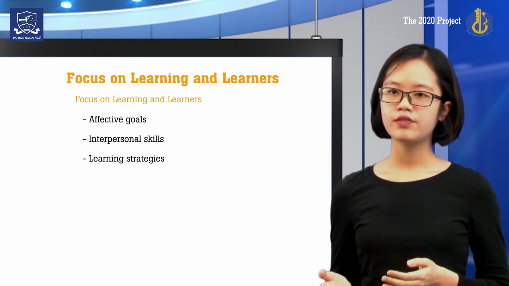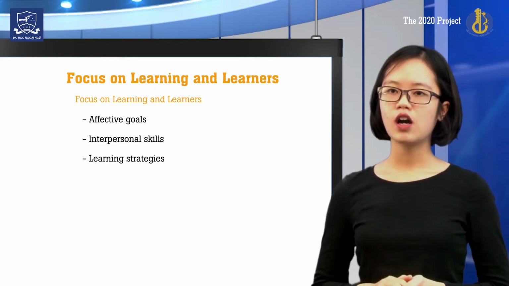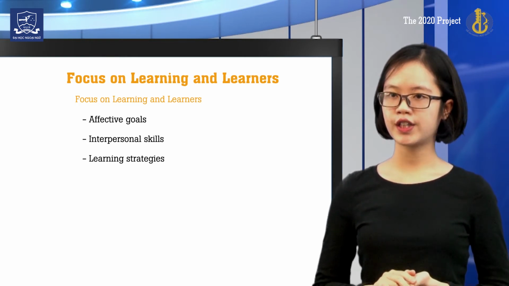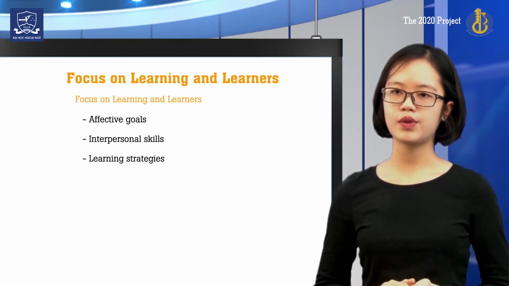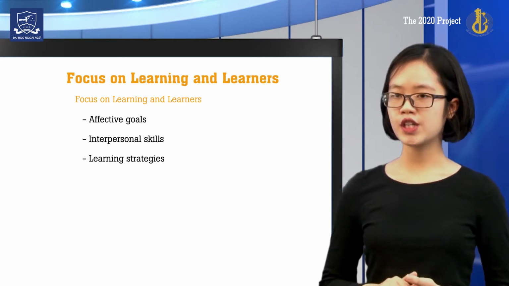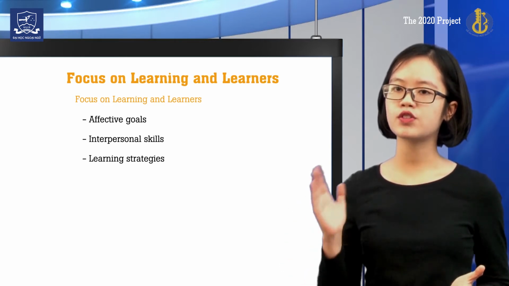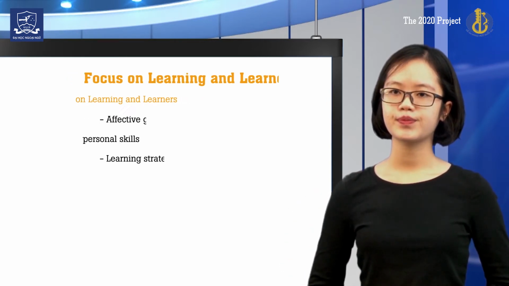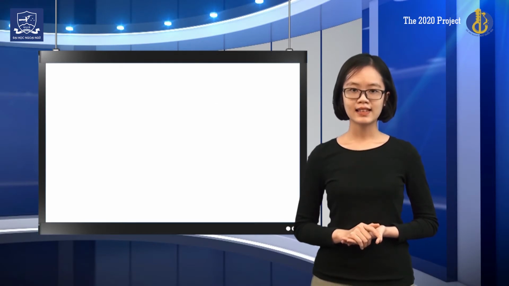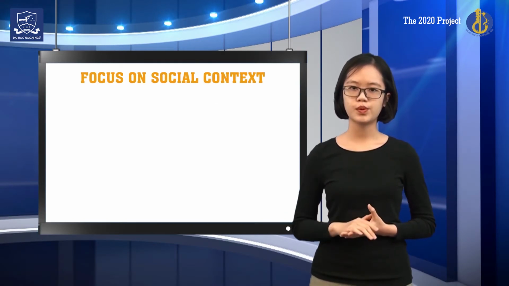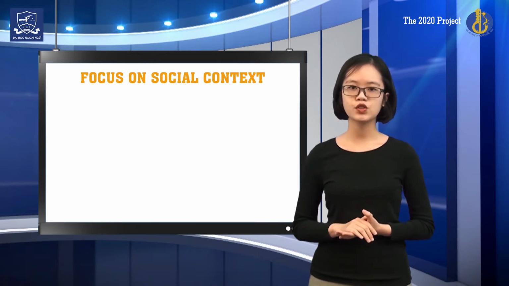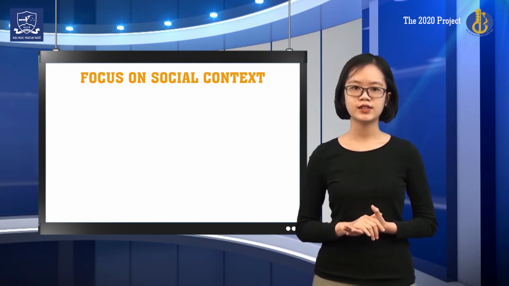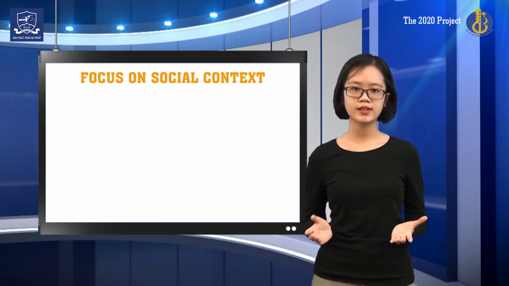In addition, focus on learning and learners also include interpersonal skills, which are the skills the learners develop to interact with other learners and with the teacher in the classroom to promote learning. Lastly, it is the learning strategies, which include cognitive and metacognitive strategies we use to learn effectively, such as self-monitoring and memorizing strategy.